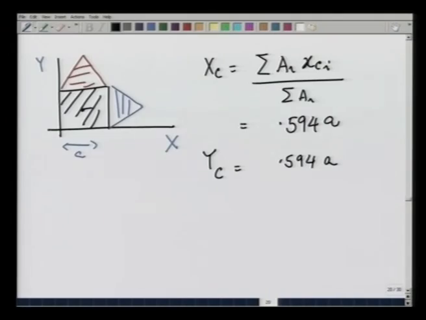So, this is how you use this observation: if I want to calculate the centroid for an assembly of plane areas for which I know individually where the centroid is, I can calculate the centroid for the total assembly.